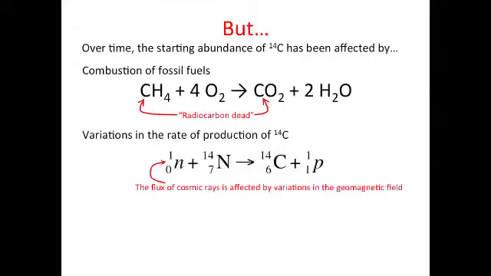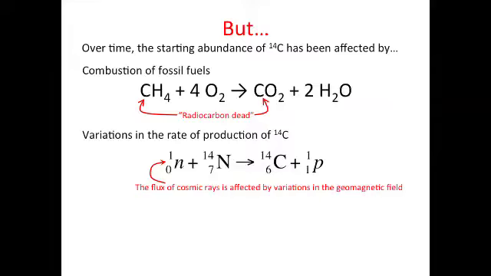The other thing is that the rate of production of carbon-14, which comes from the impact of cosmic rays on the upper atmosphere, has varied over time because the geomagnetic field has varied. Now you're going to say, if you're thinking physically, look, the geomagnetic field is not going to affect a neutron.